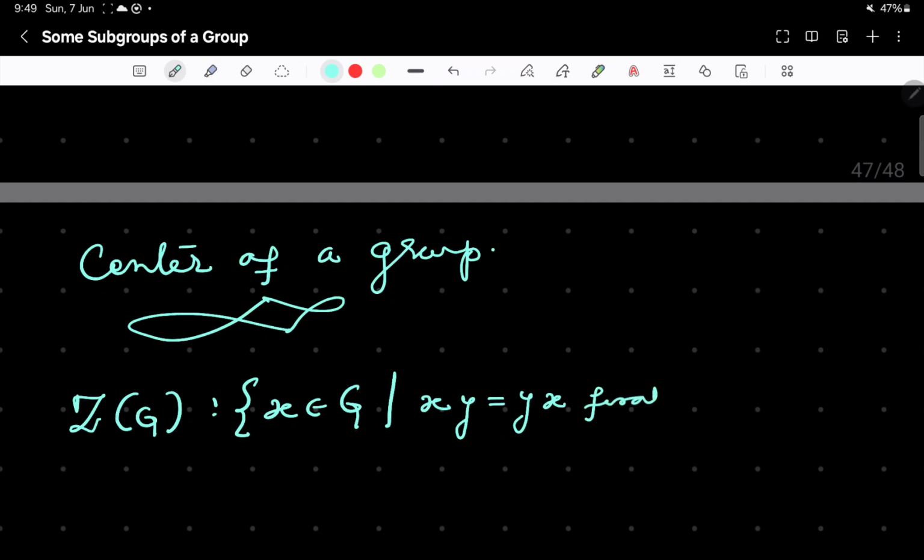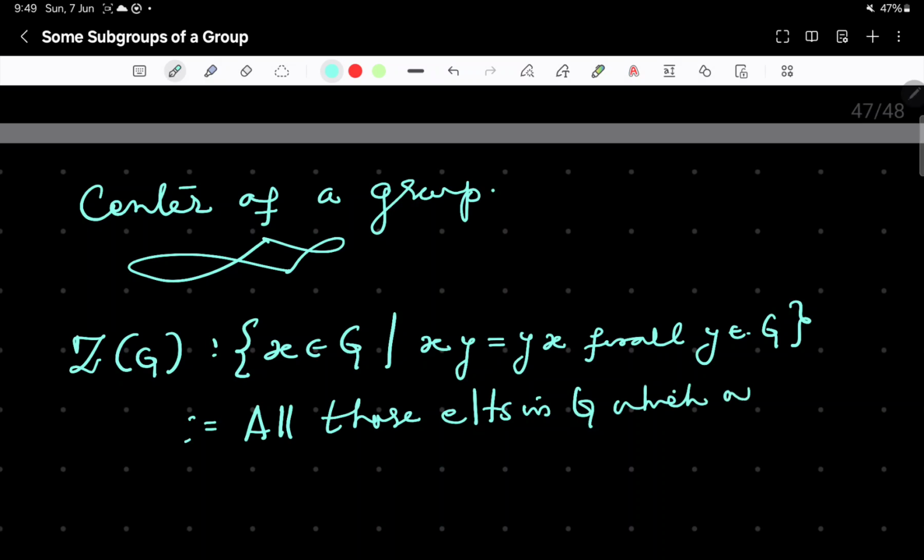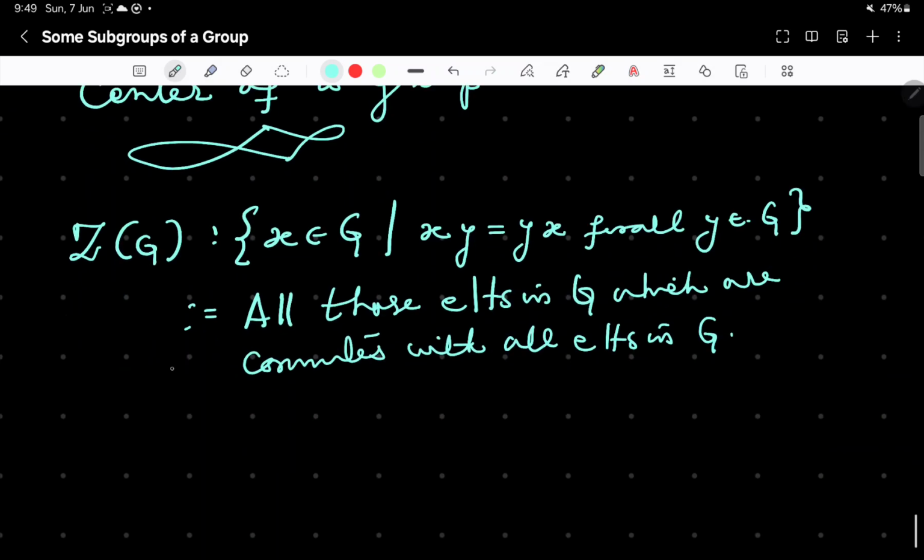For all y in G. So if you write in words, this means all those elements in G which commute with all elements in G. One of those elements is e, because we know that e a is equal to a is equal to a e.